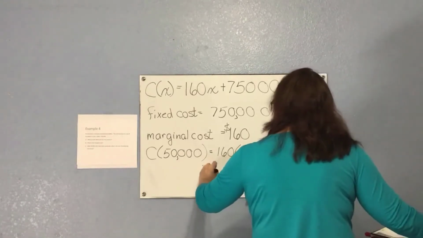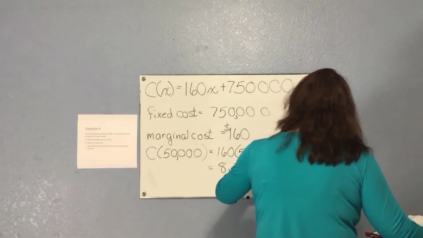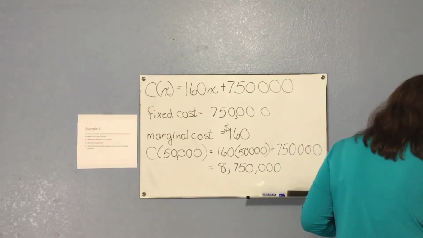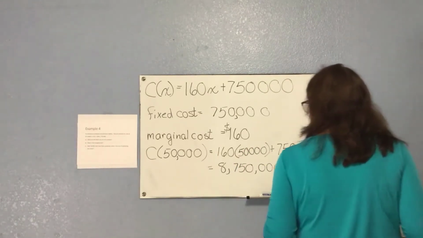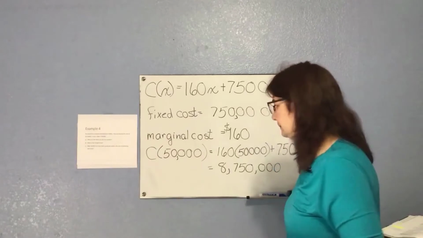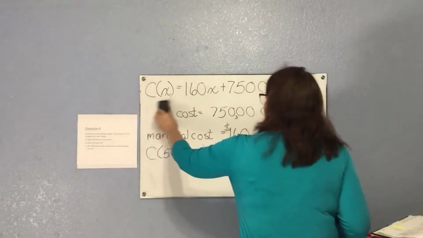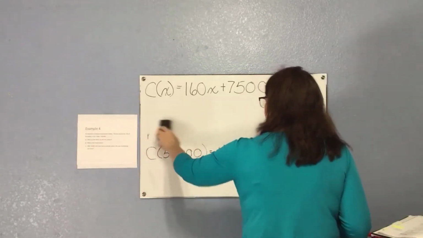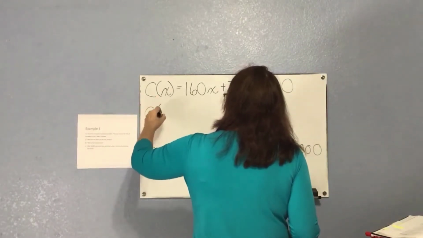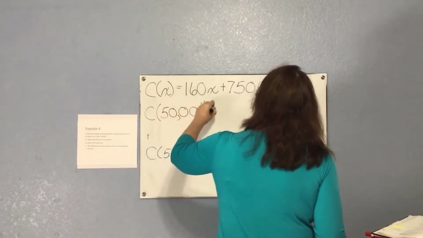And this gives us a total cost of 8,750,000. Now, what would it cost us to make 50,001 tablets? I set it up the same way.